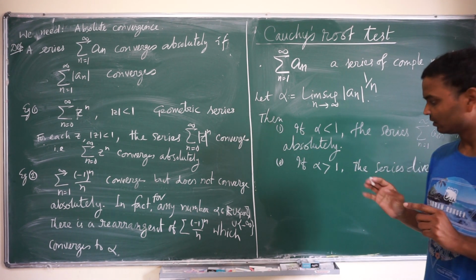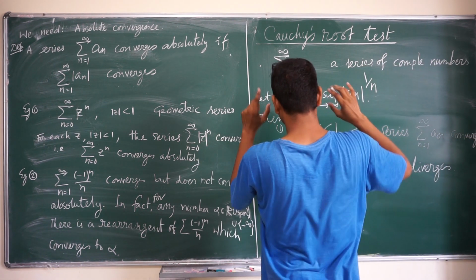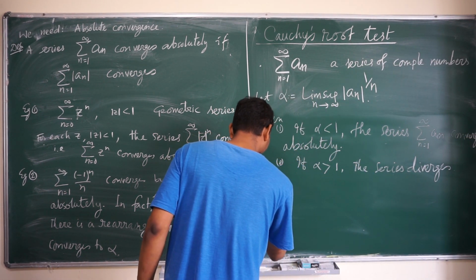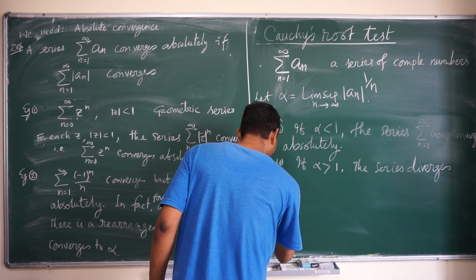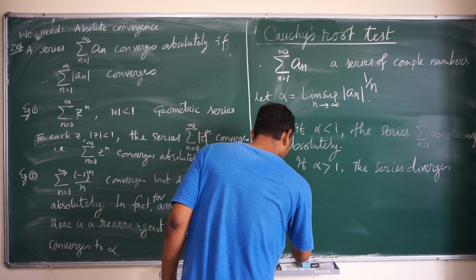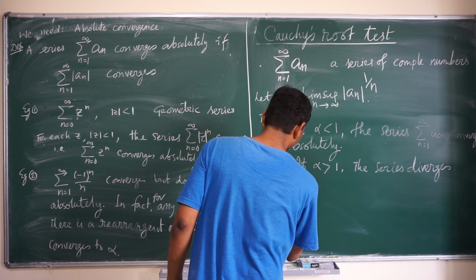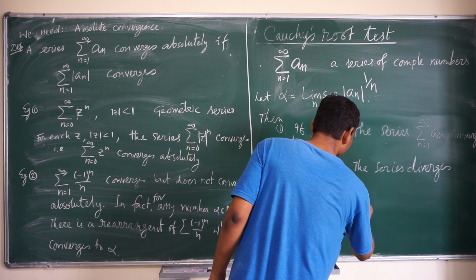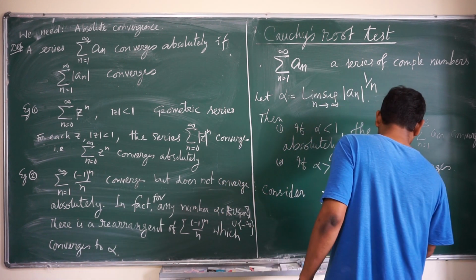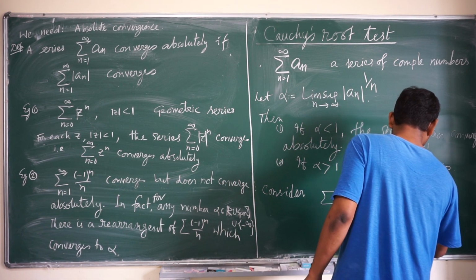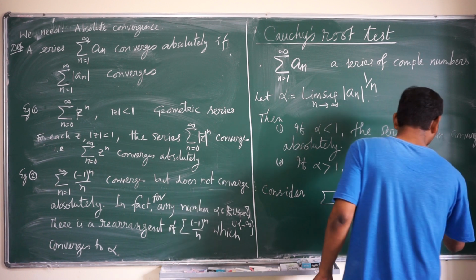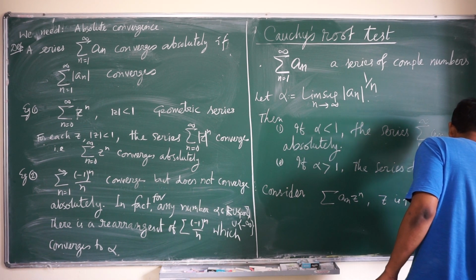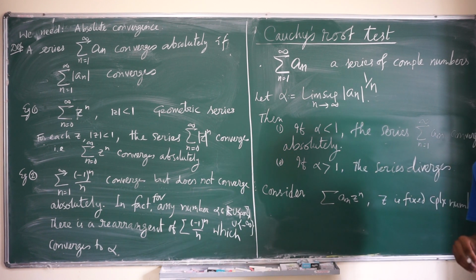Okay. So now look at this in the context of the following series. Let's consider summation a n z to the power n, where z is a fixed complex number.